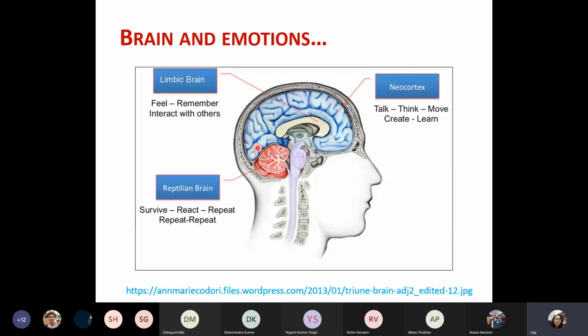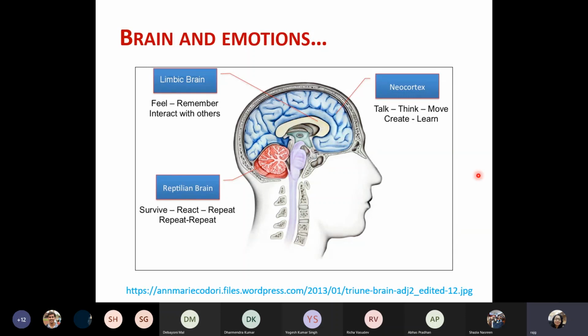Why? Because the more we think, the better the associations are, and gradually over centuries, over ages, this area developed.